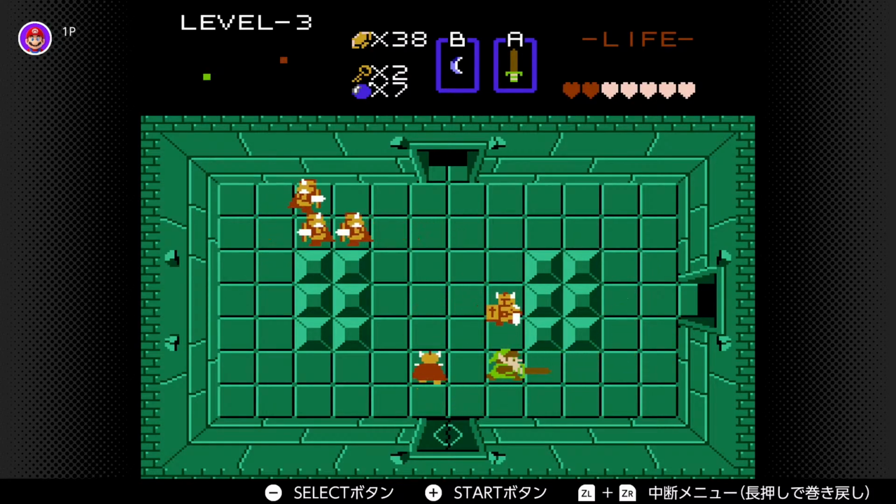Oh boy. Okay, let's get rid of at least this one. Oh boy. Okay. Let's tackle one at a time. In those hallways, it's not the best place to fight them.